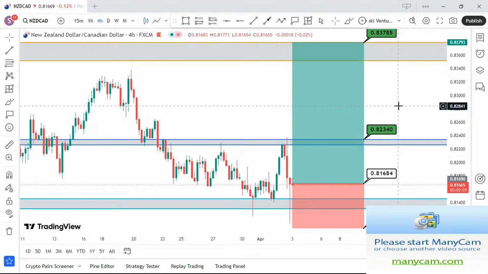It's 2 a.m. and some of you might go to jobs and stuff like that. So I'll have to end the live here, and we'll continue next time. This is it on NZD CAD. You have the stop loss and take profit over there.